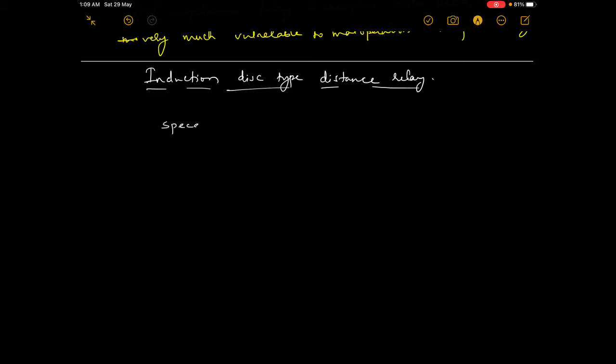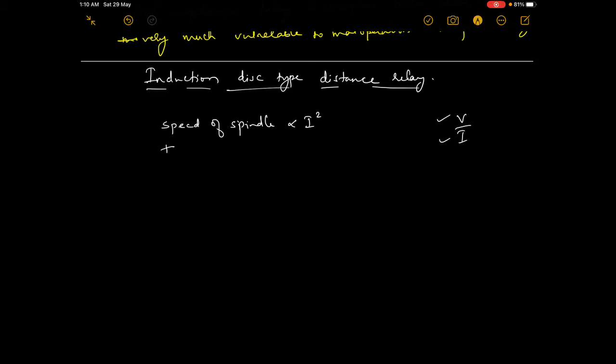We have something called the speed of the spindle, correct? The spindle is the spring, you remember it, right? In the induction disk type relay there was a spindle, and its speed was proportional to current square. That was for the overcurrent relay. Now in the distance relay we have added one more element, V, because of which we get Z, that is V by I. It is a restraining force.